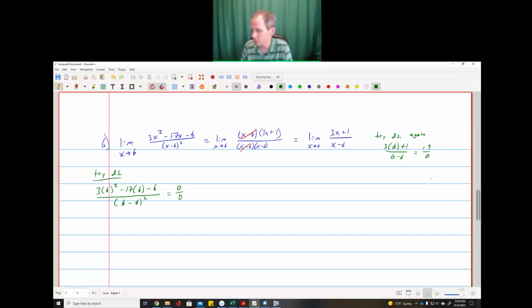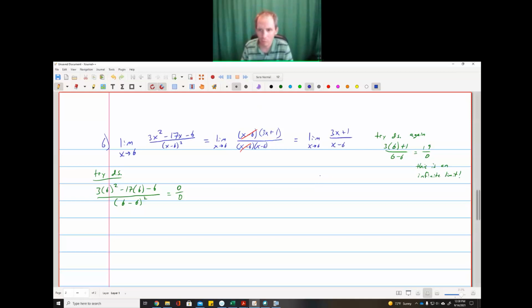And so that tells me, oh, wait, I have an infinite limit. So we didn't start with a non-zero number over 0. But when you get 0 over 0, anything is really a possibility. And this is a good example of that.